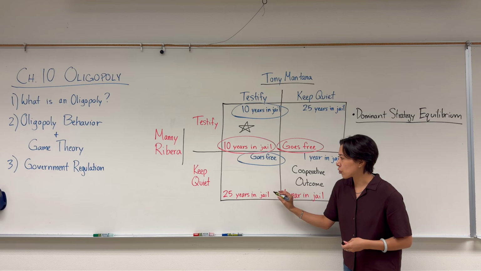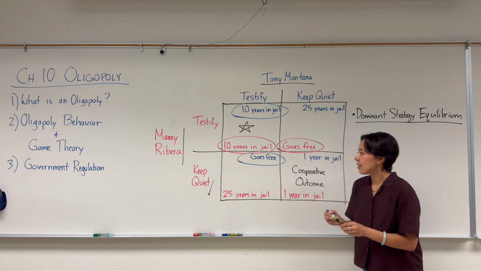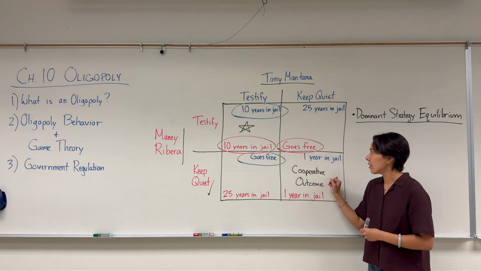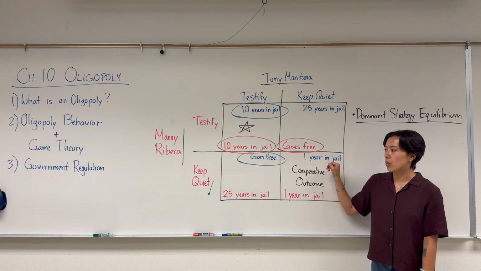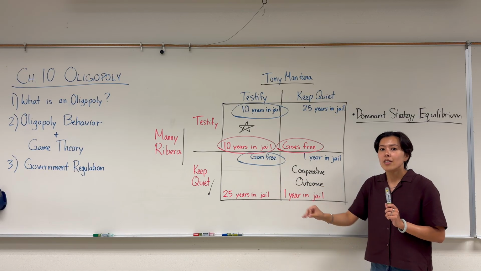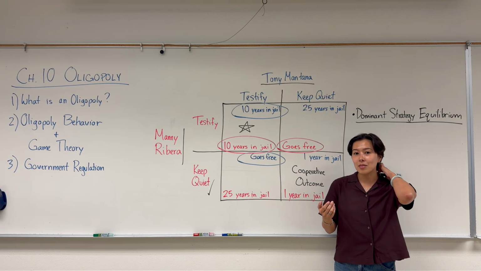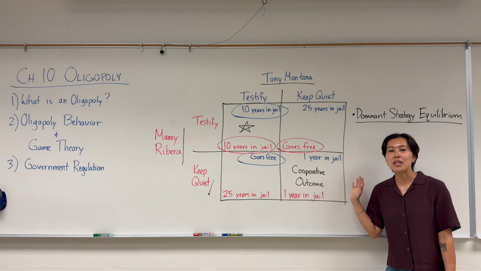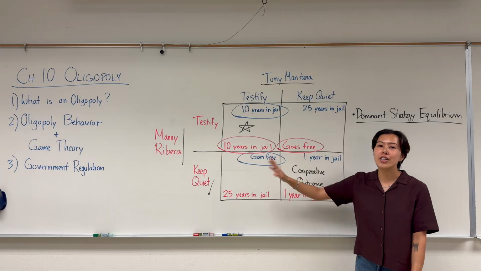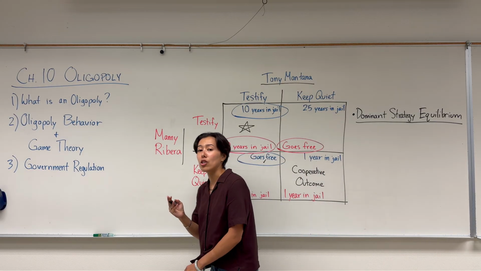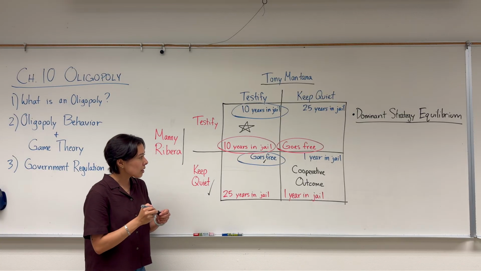If Manny is for sure going to keep quiet, then it doesn't make sense for Tony to also keep quiet. If Tony keeps quiet, he serves 1 year in jail, but if he testifies, then he goes free. So even though Tony has asked Manny to cooperate to reach this outcome, Tony can go back on that agreement, cheat on what he said to Manny, and he can maximize or increase his payoff.